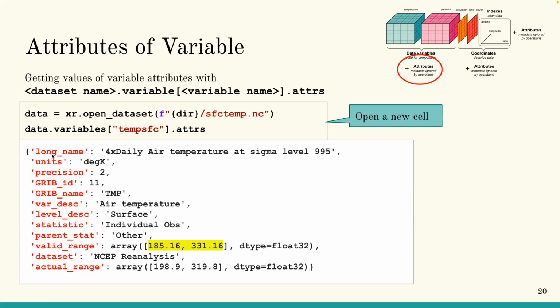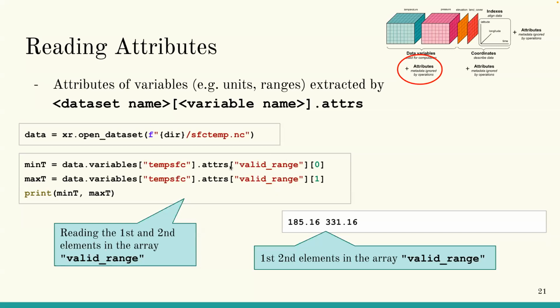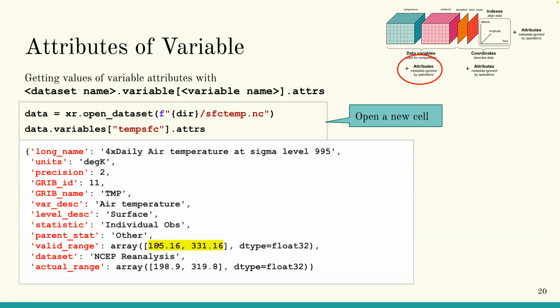For example, if you want to find the long name, just put long name in the bracket after attrs. Because this valid range is an array, you need to have the indices of your array. So you're printing 185.16 and 331.16, which come from the array in your valid range.